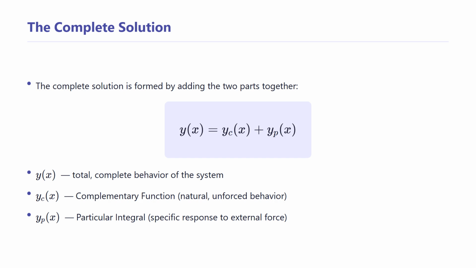The term y sub p is the particular integral, representing the specific response to the external force. If the external force is removed, y sub p becomes 0, and the system's behavior is entirely described by y sub c. By adding them together using the principle of superposition, we capture the full reality of the system's dynamics.